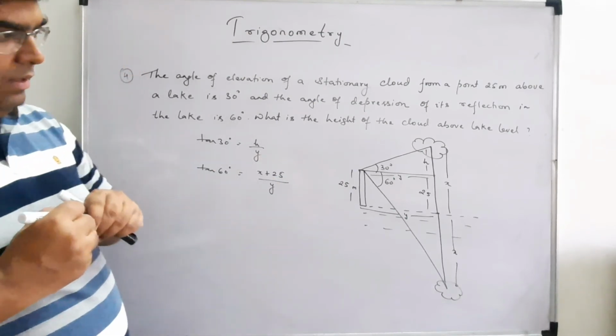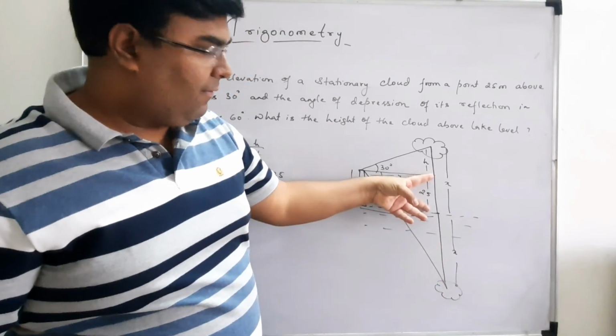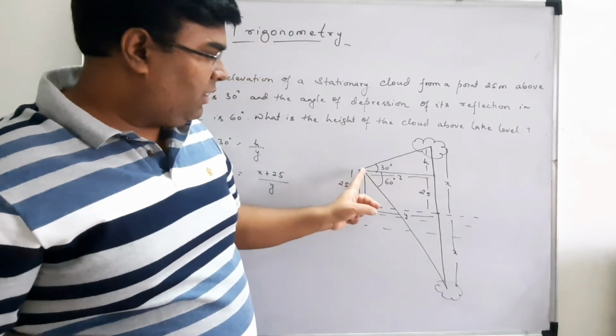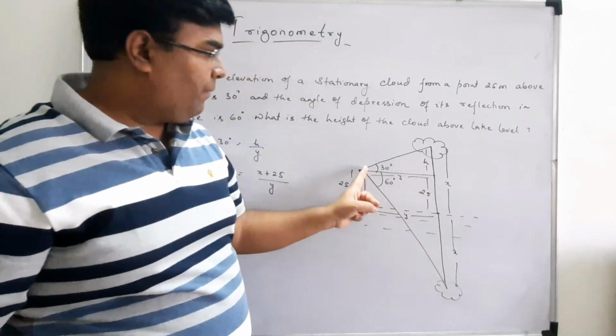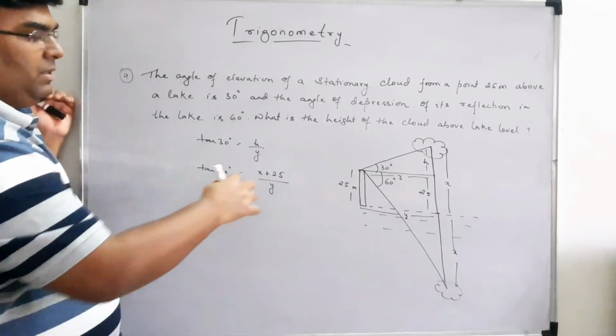You got it? This x was total inside the lake and this 25 was above the point. So 25 plus x by y, because we are looking at this triangle. So 25 plus x upon y.